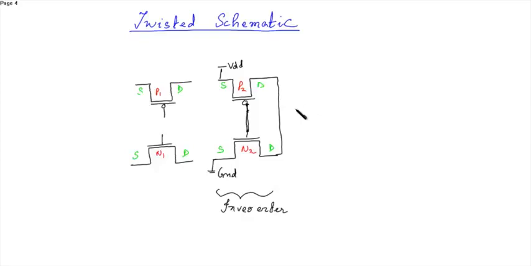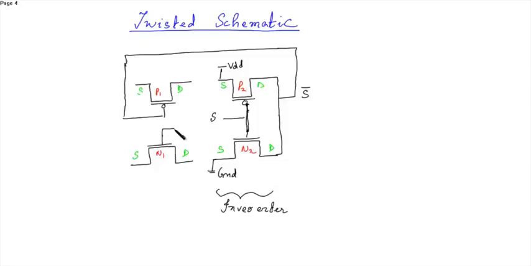So if the input is select, then the output obtained will be select bar. Now this select bar is connected to this gate, and this select is connected to this gate. Okay, now this is select bar. Now the sources of the transistors are shorted.